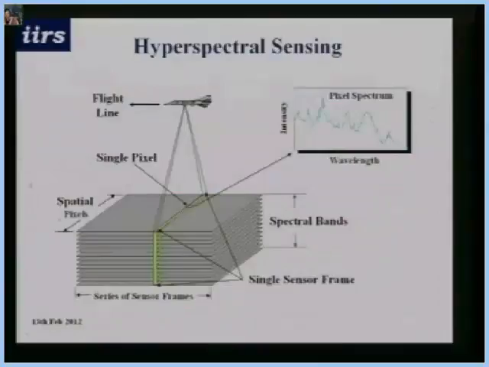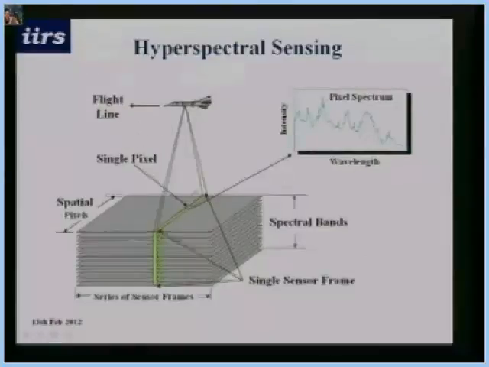Now, the advantage of hyperspectral remote sensing, as I mentioned, is that you have a large volume of information available at one point of a feature on the earth, and you can generate a complete, continuous reflectance spectrum for that particular feature, which can be used to interpret and identify that feature on the ground.